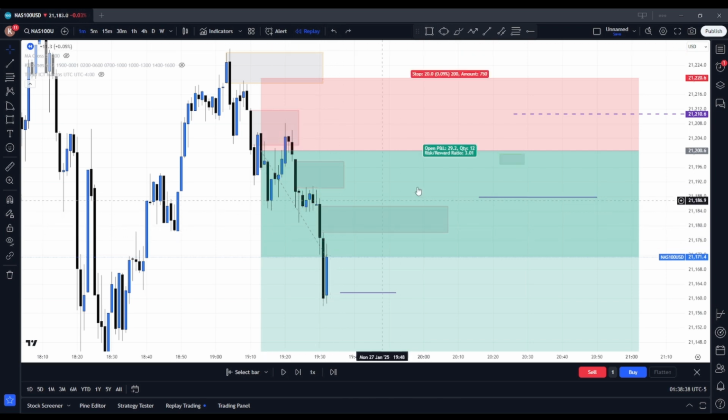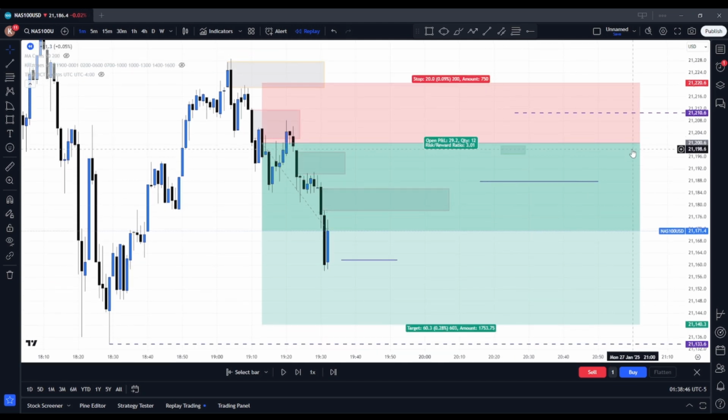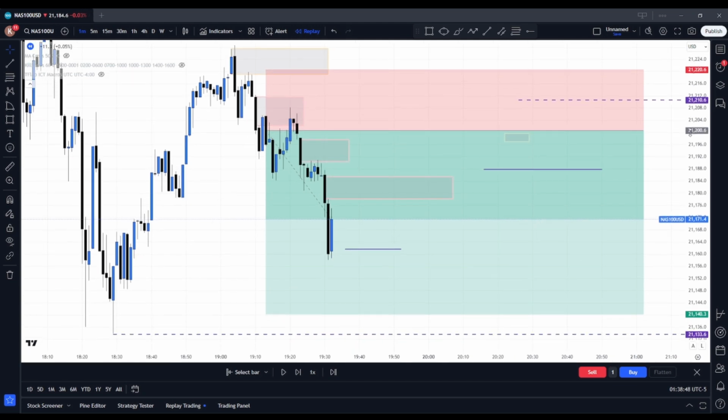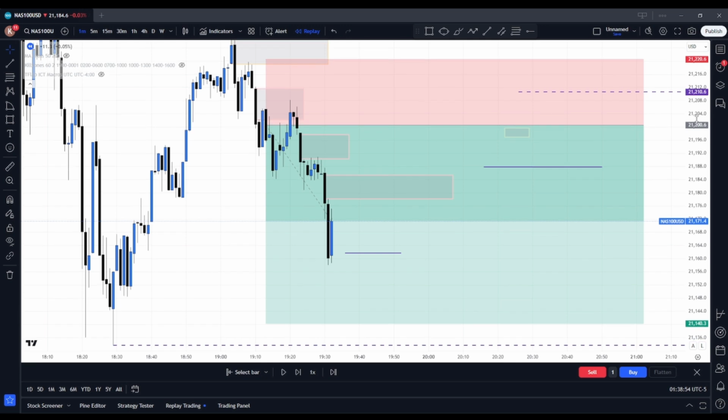If this doesn't hold, then that's when I start to reconsider my position as to what I'm gonna do, whether it's gonna be taking partials, cutting my stop loss down a little bit, or just exiting out the trade. It depends.